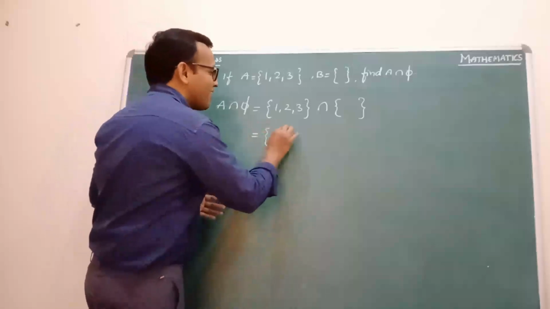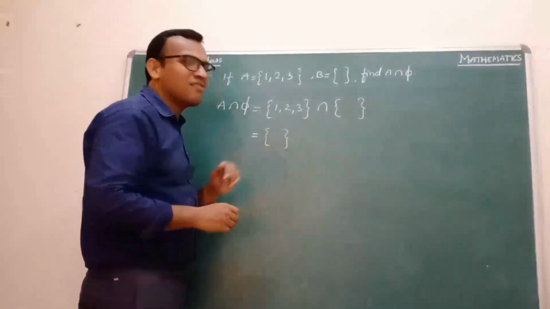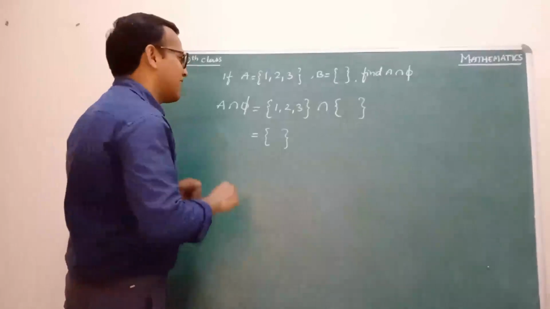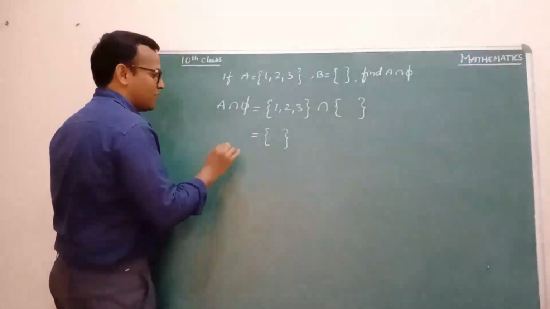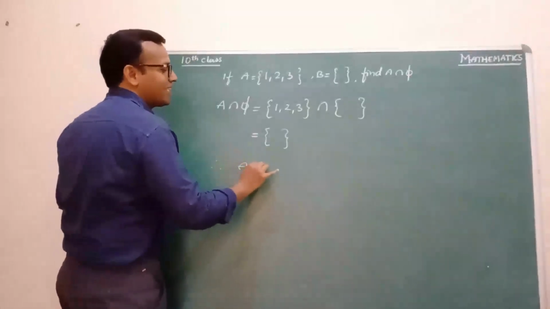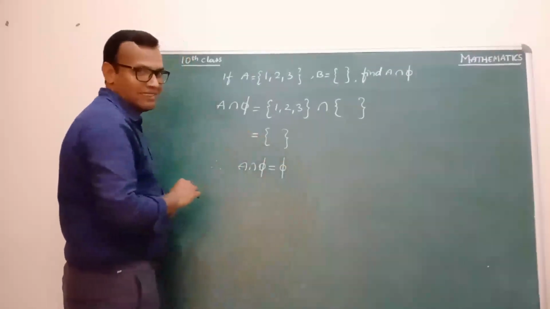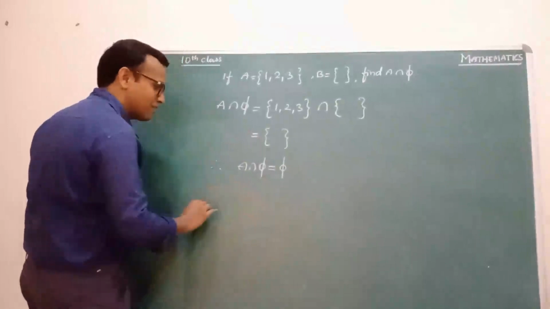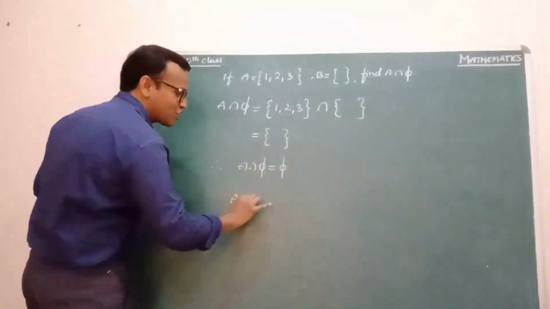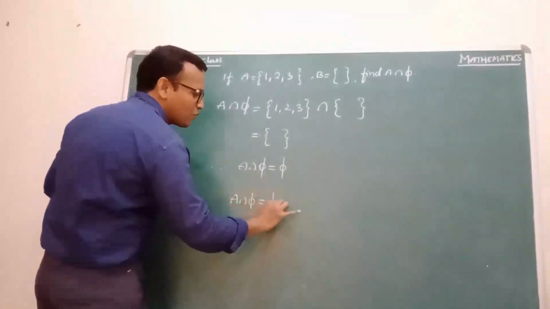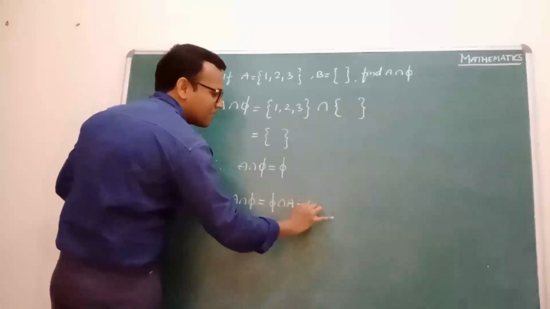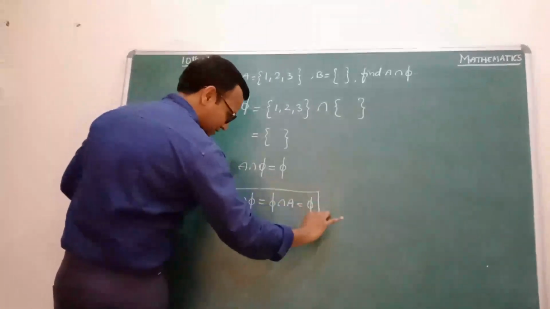That means there are no elements, so we have to write an empty set as the result. Therefore, we can write A intersection phi is nothing but phi again. So what we observed here is A intersection phi is equal to phi intersection A is equal to the null set again.